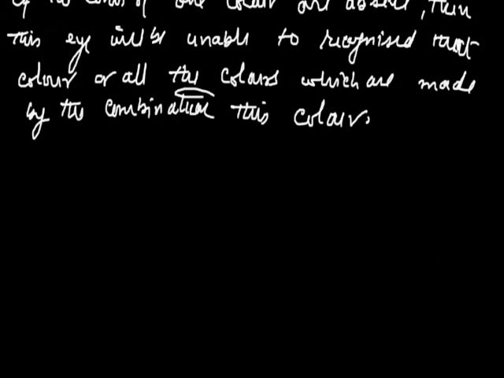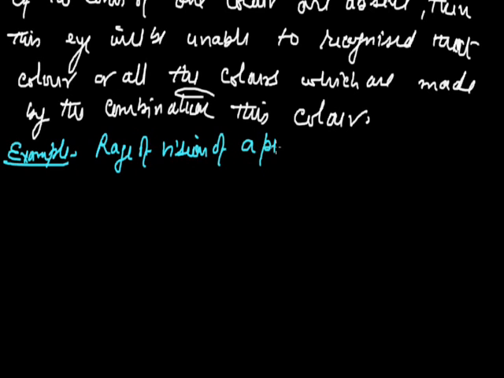Now one example. The range of vision of a person is 40 centimeter to 3 meter.